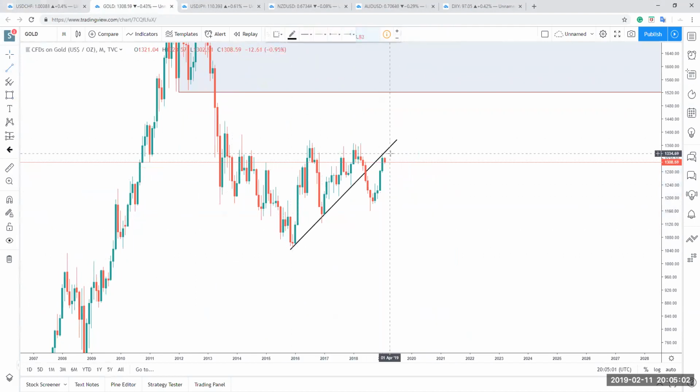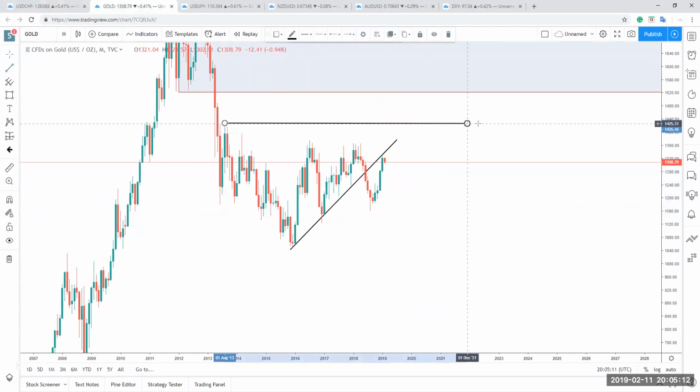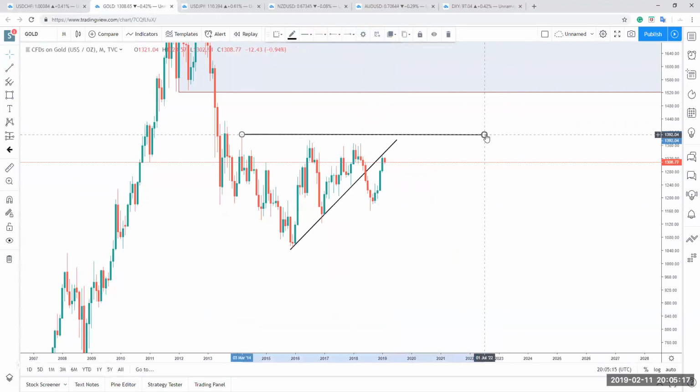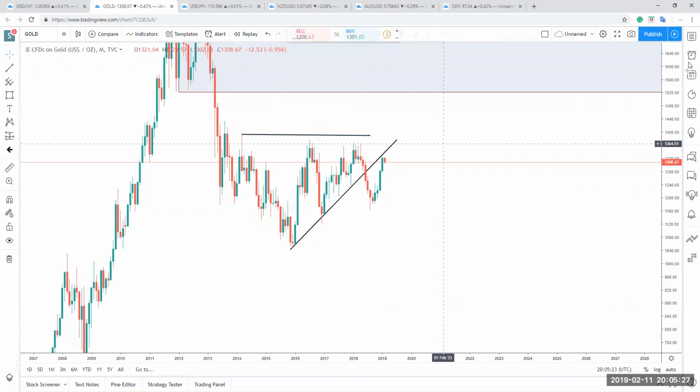So far, it's respecting this trend line. However, we're expecting it to retrace a bit and then break through the trend line, take out these highs, or even just target this high. First targets would be this one.